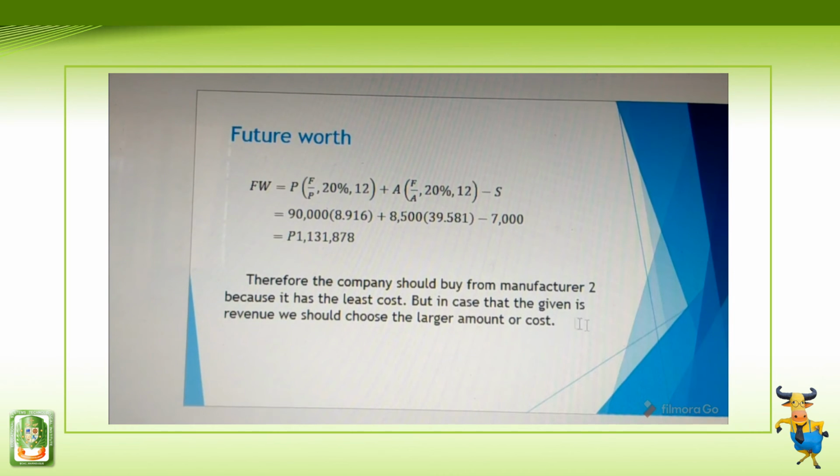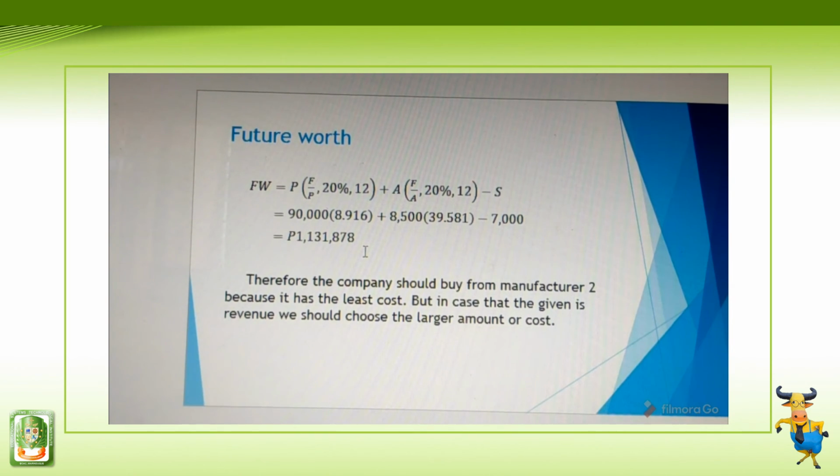To compute, we have FW equals 90,000 multiplied by the factor 8.916 plus 8,500 multiplied by the factor 39.581 minus 7,000. It is equal to 1,131,878.